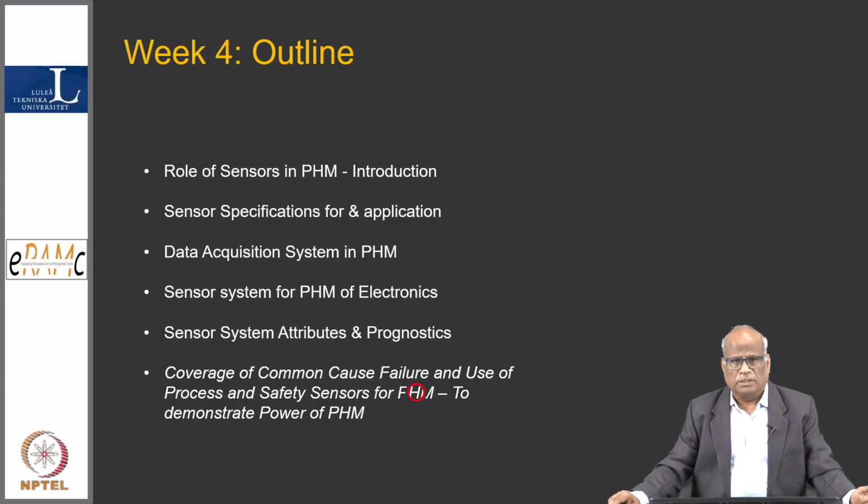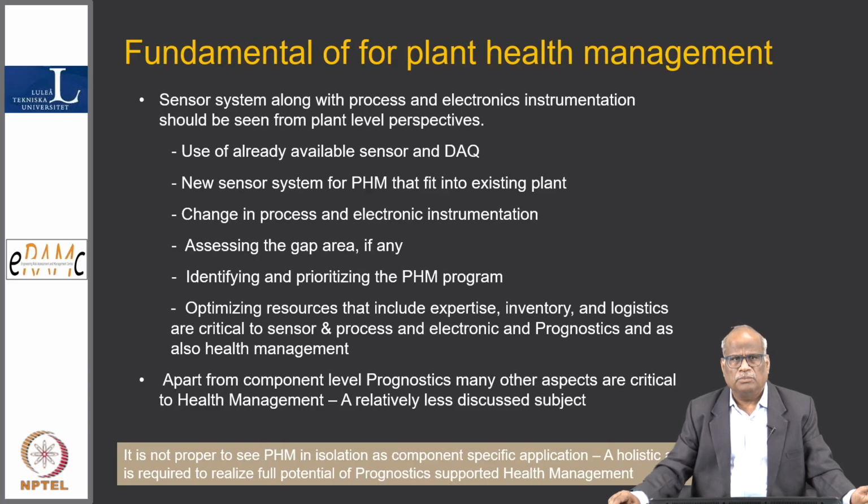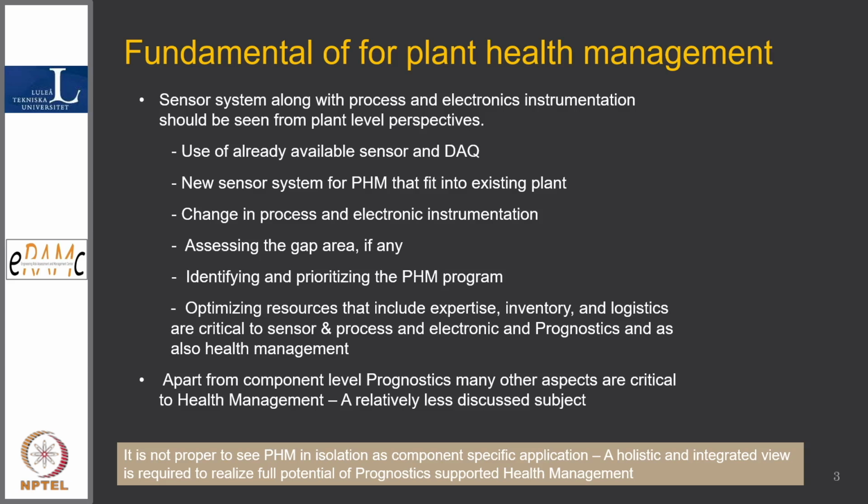That will give a lot of lessons for the kind of system that we need to foresee in the future control rooms. Okay. So if I have to talk about basic health management aspects, the first argument I am trying to make is that process and electronics systems should be taken at advanced stages of the plant, and that will help in validating.